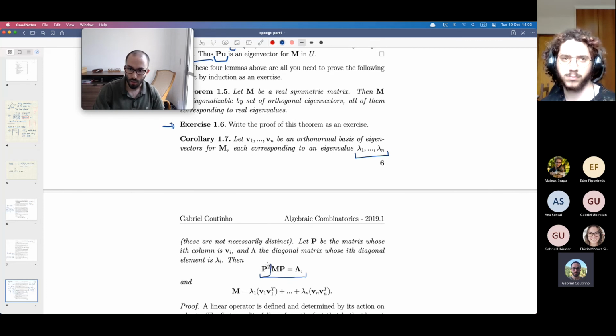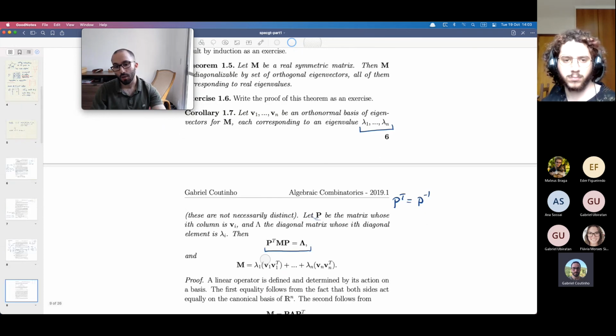Now, note here that I'm not putting the inverse, but the transpose. Why? Simply because this matrix contains as columns orthonormal vectors, and therefore it is an orthogonal matrix, and therefore P transpose is equal to P minus 1. All right, so everything is good.